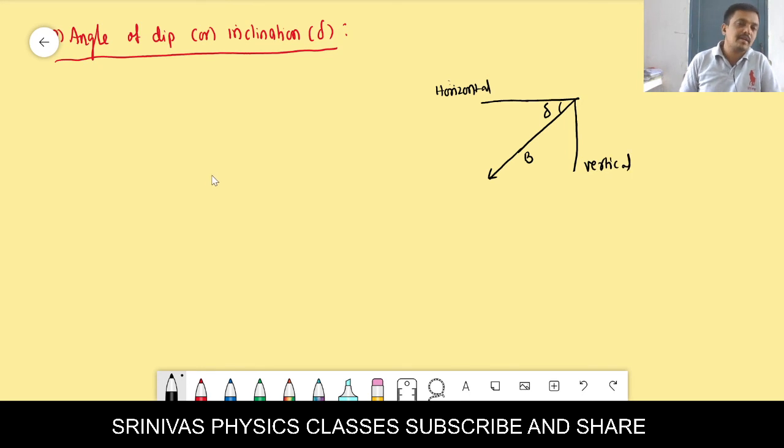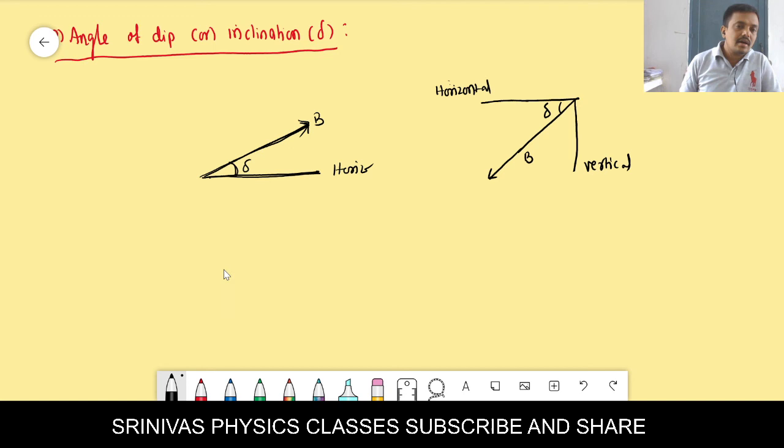For example, at a particular point the net earth magnetic field is like this, but the horizontal is this one. The angle between the net earth magnetic field and the horizontal is called the angle of dip or inclination.